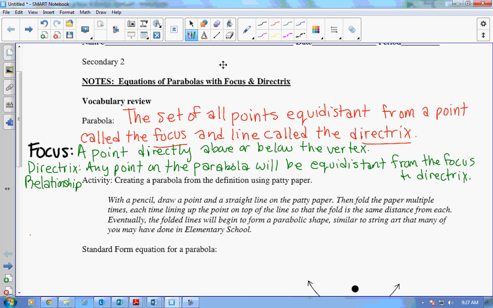You guys ever used patty paper before? I tried this before. I didn't really get it to work very well. Let's see if you guys can get it to work better than I could. Take one of these, pass it down. So it's patty paper, like hamburger patty paper.